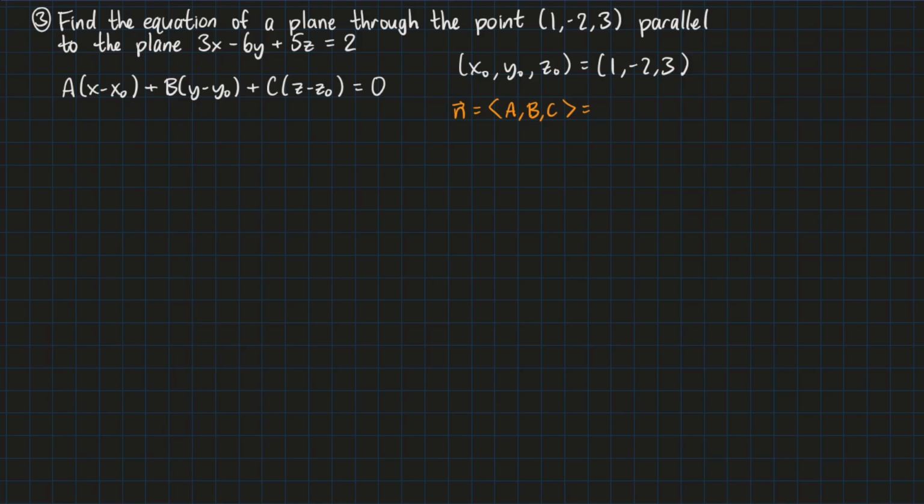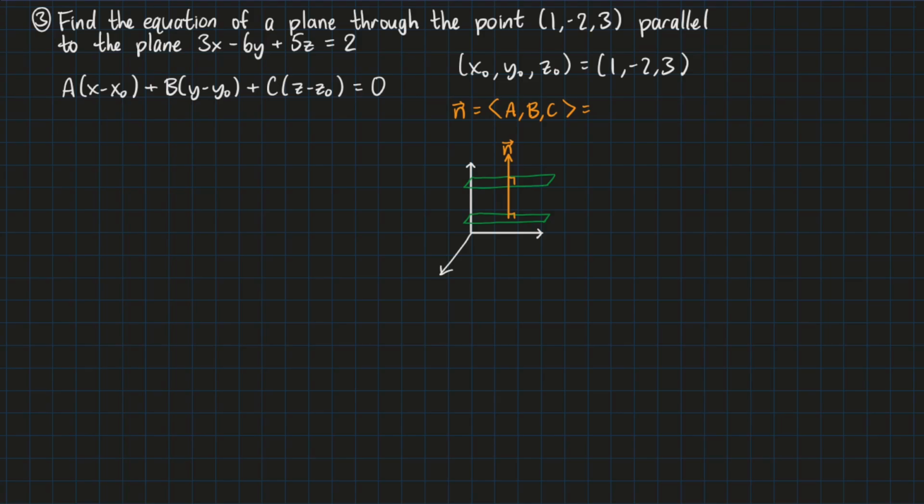The plane we're trying to find is parallel to another plane. Let me draw a visual. Let's say that these 2 green planes are parallel. If 2 planes are parallel, they share the same normal vector. Since the plane we're trying to find is parallel to the plane 3x minus 6y plus 5z equals 2, we will find the normal vector of the given plane because they both share the same normal vector.